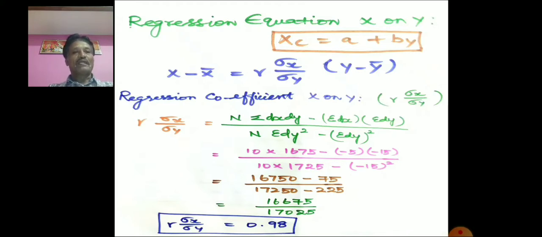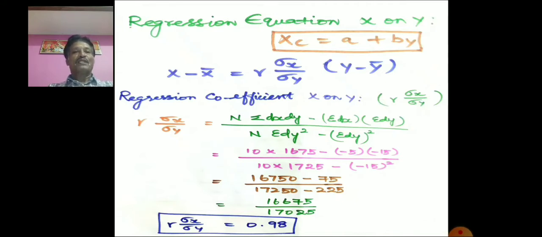But you have a minus sign here, so put a minus sign, minus into minus plus, 5 into 15, that is equal to 75. So in the numerator you have 16,750 minus 75, divided by 10 into 1725, that is equal to 17,250. You put a minus sign here, minus 15 into minus 15, that is equal to 225.